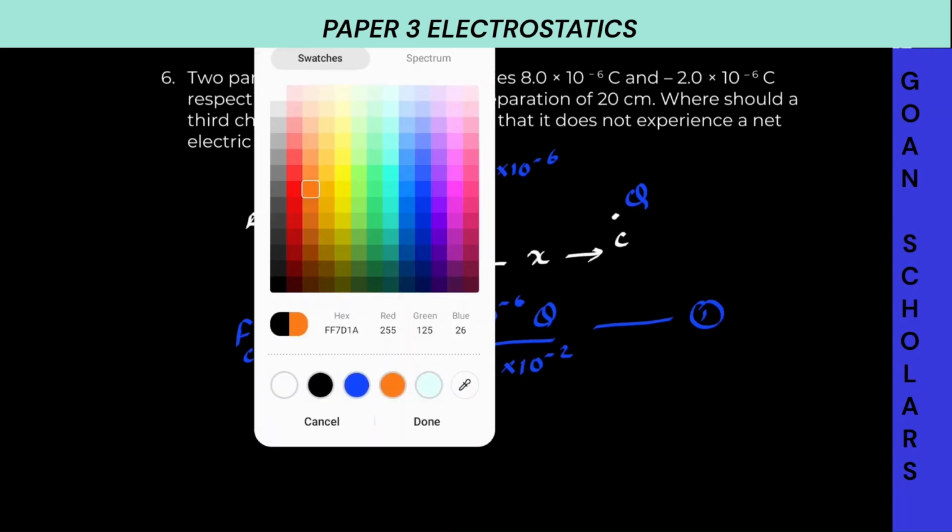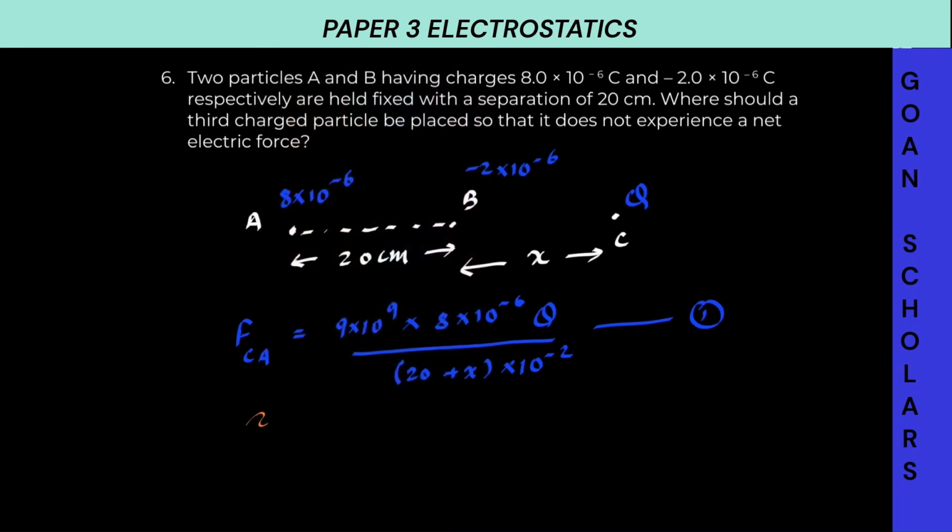Now let's figure out the force on C due to B. That will be equal to 9 × 10^9 into the charge at B, 2 × 10^-6. Be very careful, you will not take the negative sign into consideration here while calculating the force.